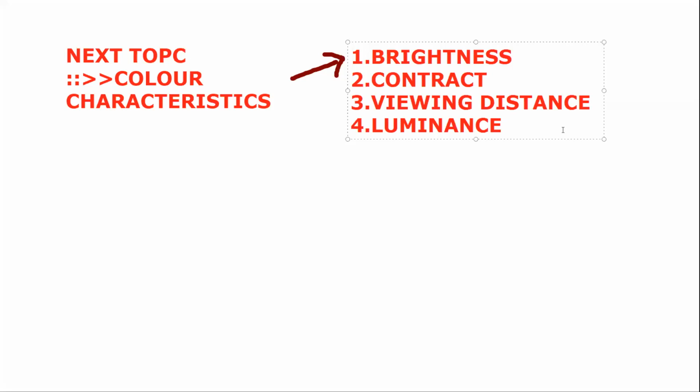Next characteristic is hue. This is the predominant spectral color of received light.